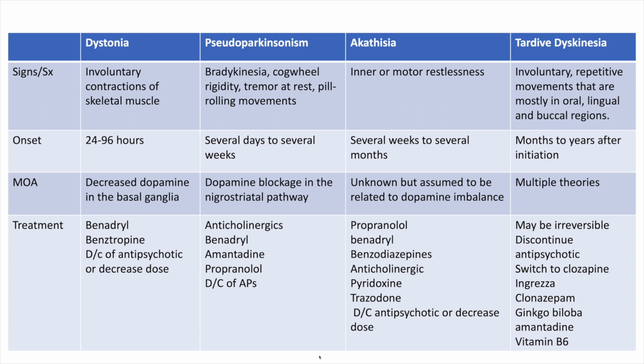The things they recommend to do is discontinue the antipsychotic or to switch to clozapine. Clozapine is less of a dopamine blocker than the other antipsychotics, so it is less likely to cause extrapyramidal symptoms and also exacerbate tardive dyskinesia. And then there's Ingrezza or valbenazine.